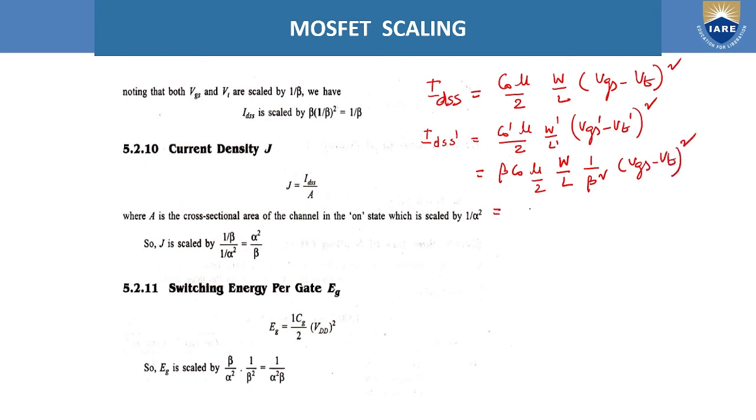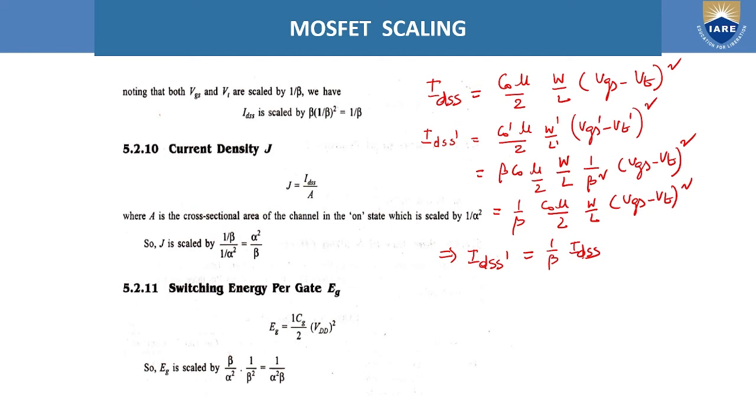So here you get 1 by beta C naught mu by 2 W by L into VGS minus VT whole square. So IDSS dash is equal to 1 by beta IDSS. So the saturation current is scaled by the factor 1 by beta. So that means the saturation current decreases due to scaling.